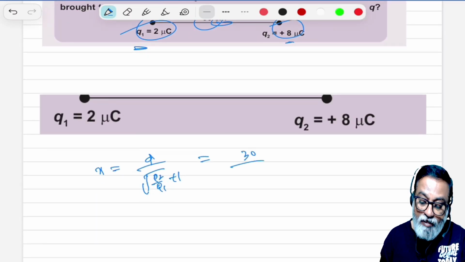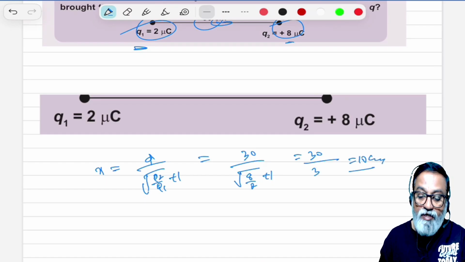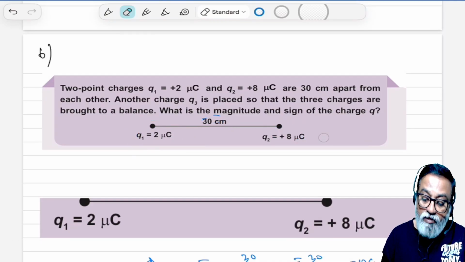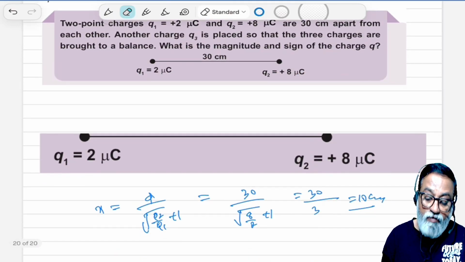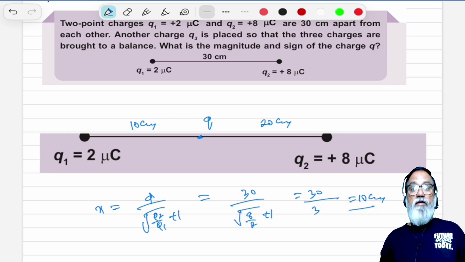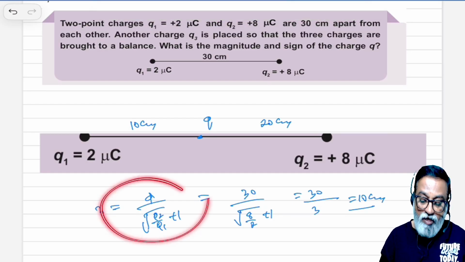Therefore 30 by (√(8/2) + 1), that is 30 by (√4 + 1), which is 30 by 3. This is 10 centimeter. For example, this is the charge q. This should be 10 centimeter and this should be 20 centimeter. Therefore the position of the charge can be decided by this formula.